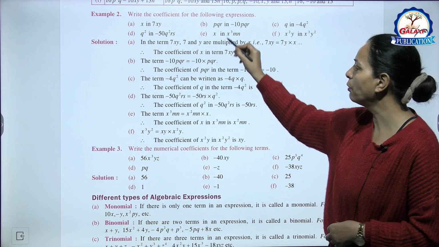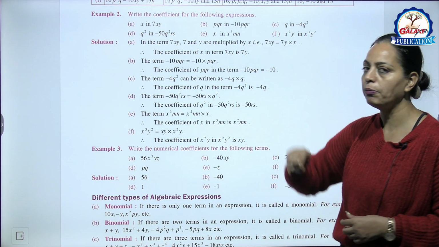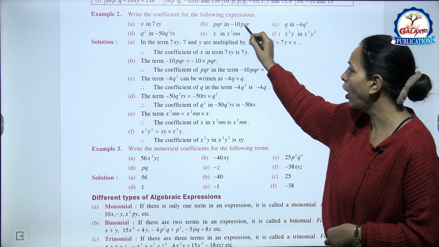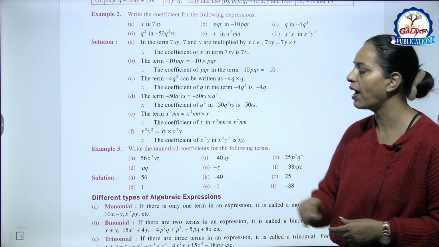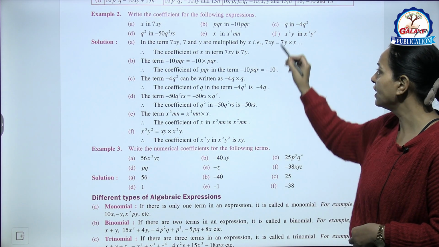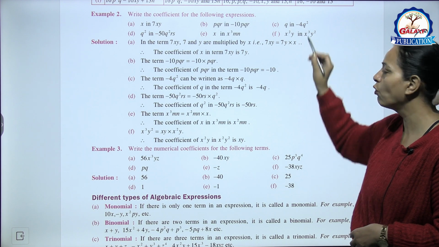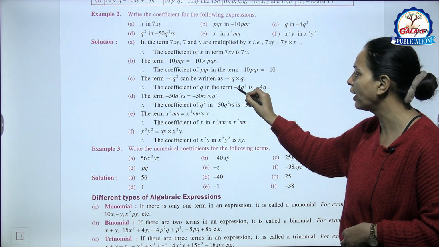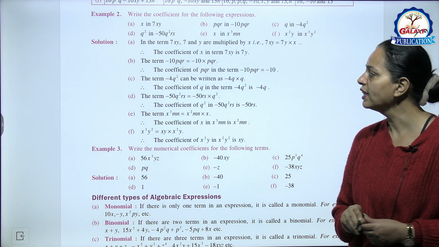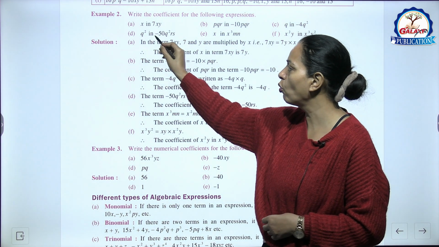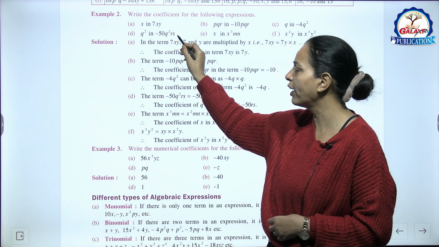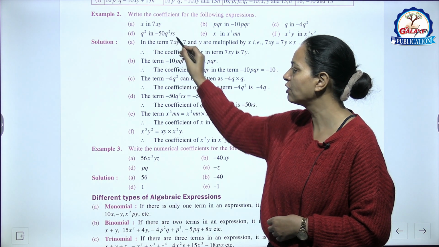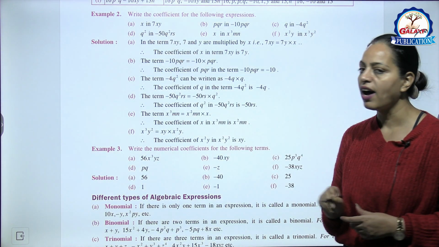Now B part, PQR in minus 10 PQR, so we leave PQR, what is left is minus 10. Then C part, q in minus 4 q square, so we leave one q, what is left is minus 4q. Right, the next D part, q square in minus 50 q square rs, leave q square, minus 50 rs is the answer.